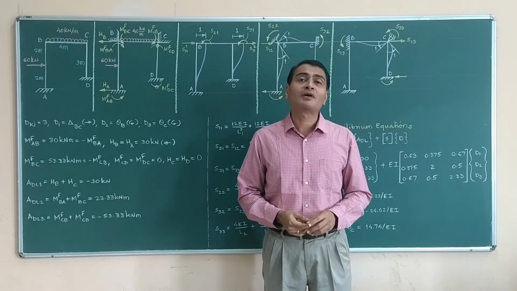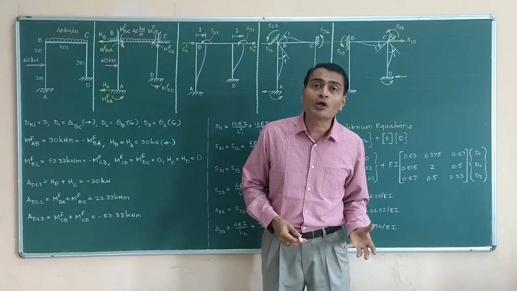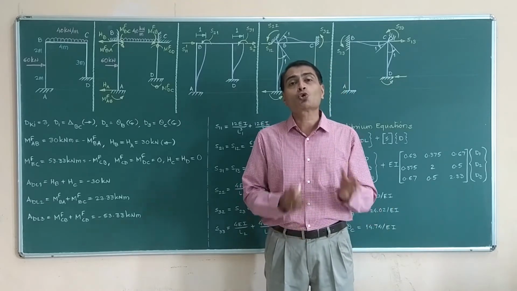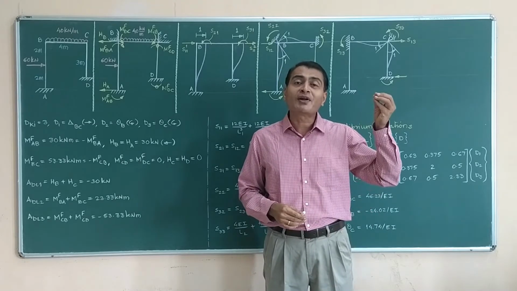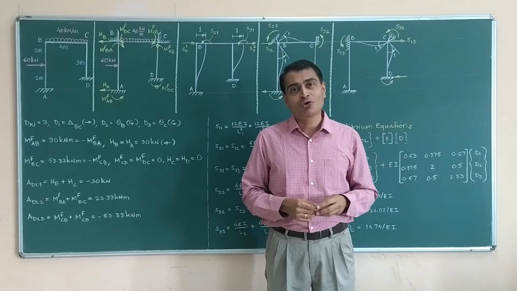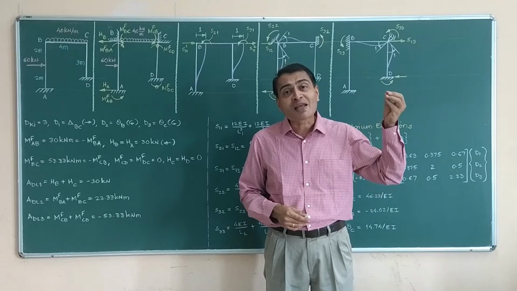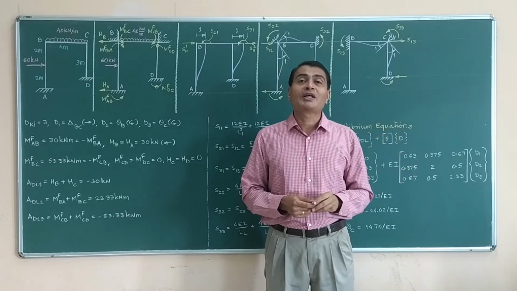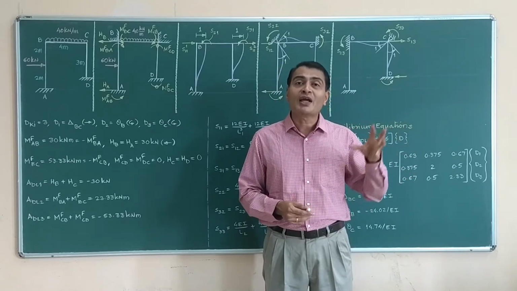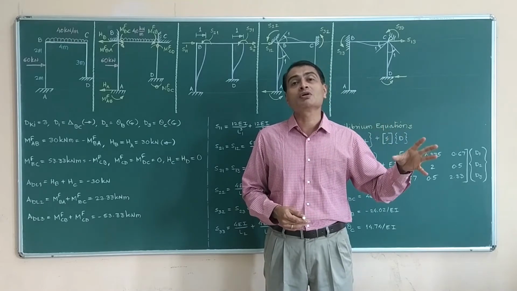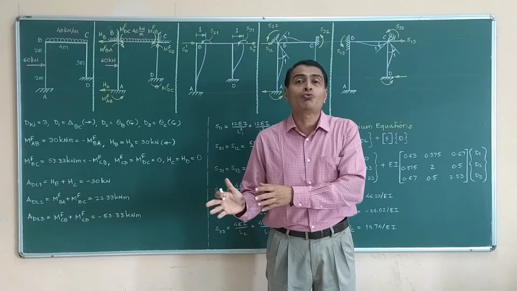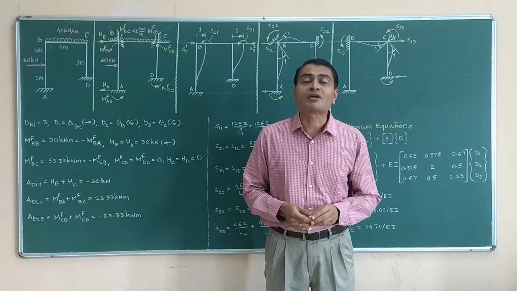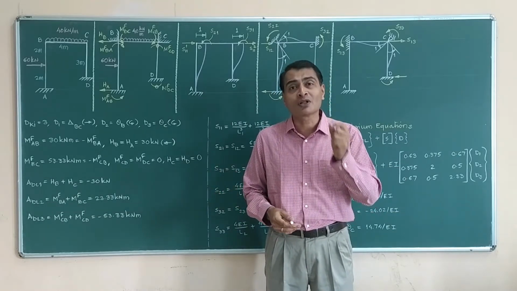In MD method, it is even more involved because we do not know the amount of sway. So we assume an arbitrary sway delta prime. We assume an arbitrary reaction R prime. Then we convert the end moments found corresponding to R prime into those which should actually be there corresponding to R, the actual reaction.